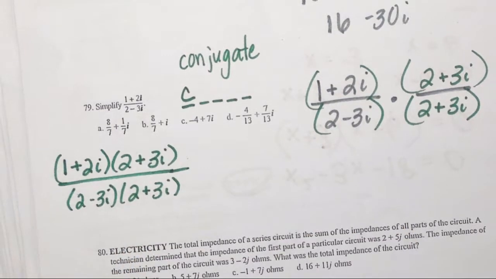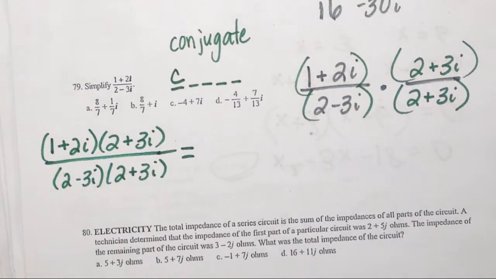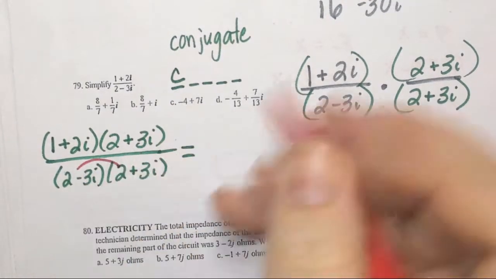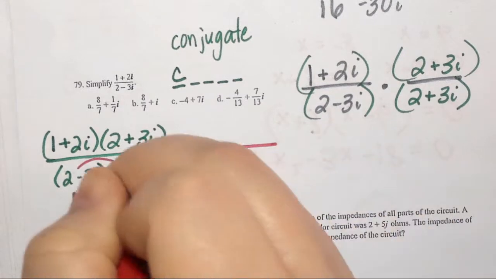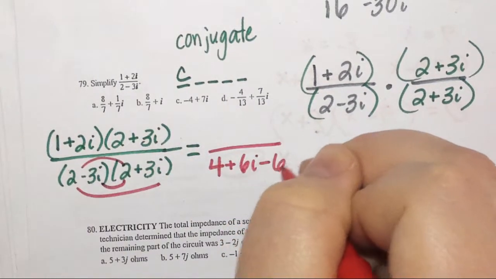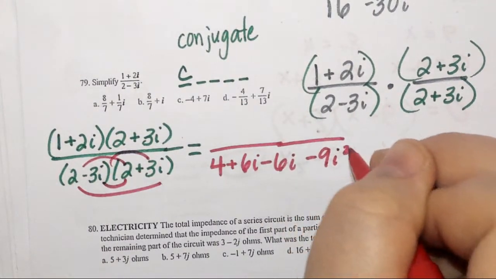The reason we multiply by this is because it's supposed to make the denominator end up being a nice, pretty number. We had a rule that said we couldn't leave i in the denominator. This is our way of getting i out of the denominator. So first, we've got a 4. Outer plus 6i. Inner minus 6i. Last minus 9i squared.